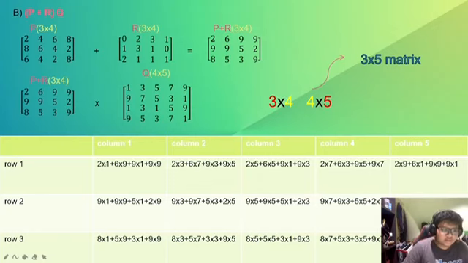This table is for our answer, a 3 row and 5 column matrix. After we take the first row and the first column and multiply them, the answer will be in row 1 and column 1.